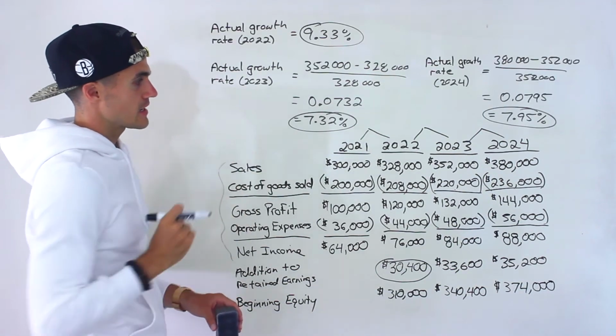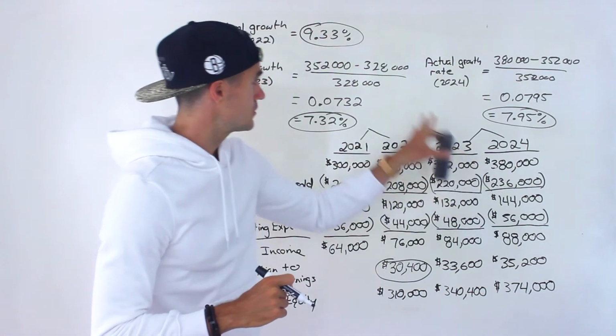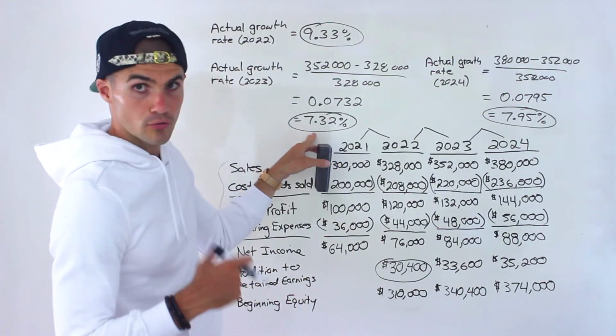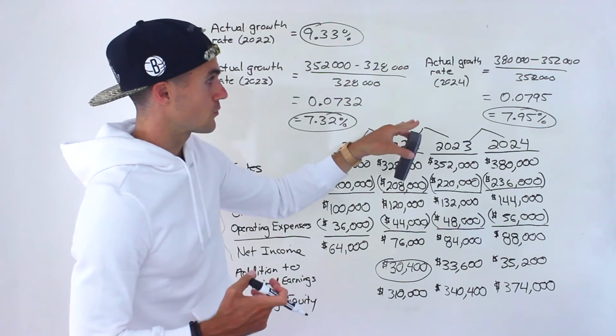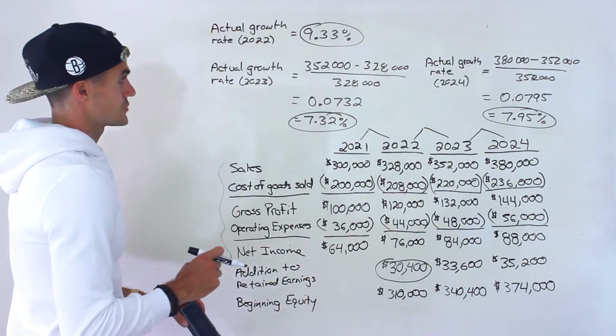If we follow that same process for these two sales amounts and these two, which I did over here, the actual growth rate in 2023 is 7.32%, and then the actual growth rate in 2024 is 7.95%.